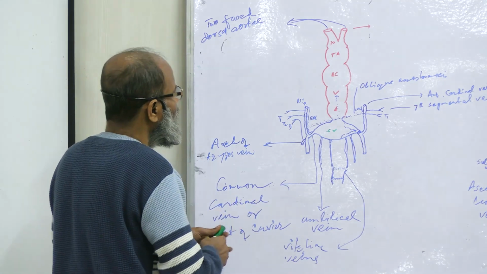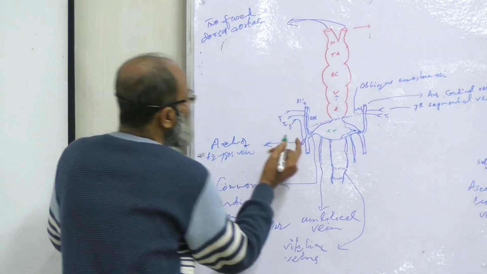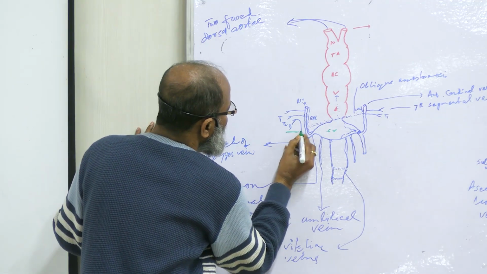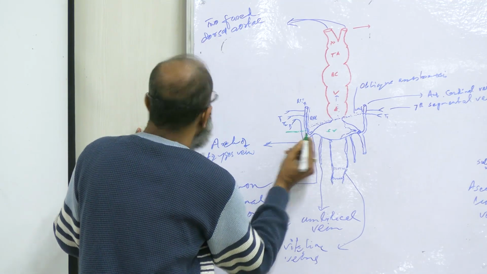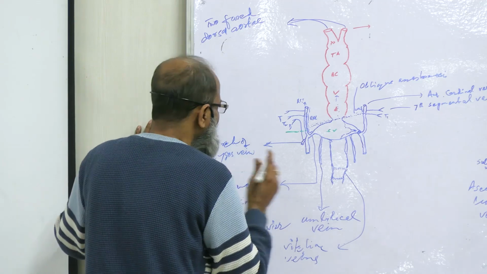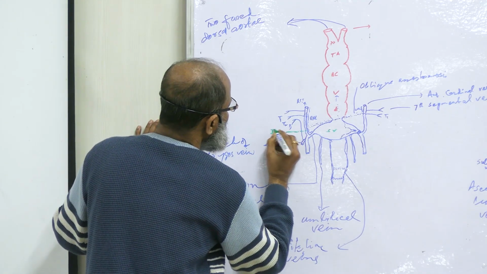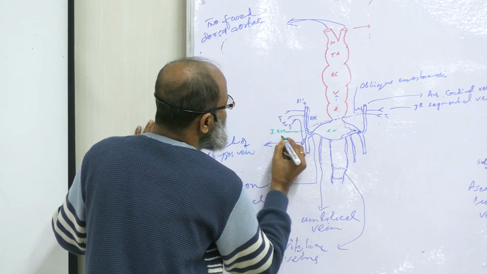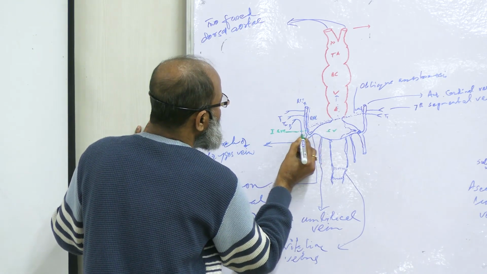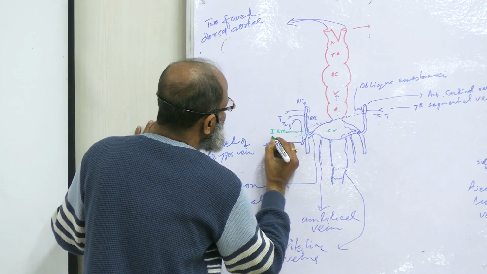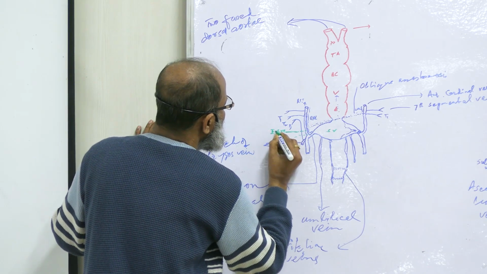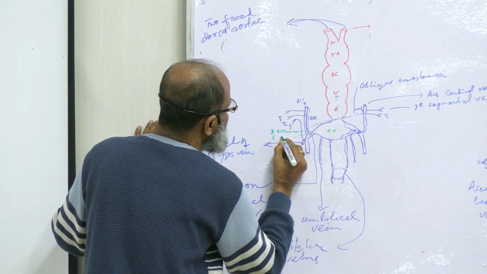This one is the intrapericardial part of the superior vena cava, the upper part. And this part is the extrapericardial part.